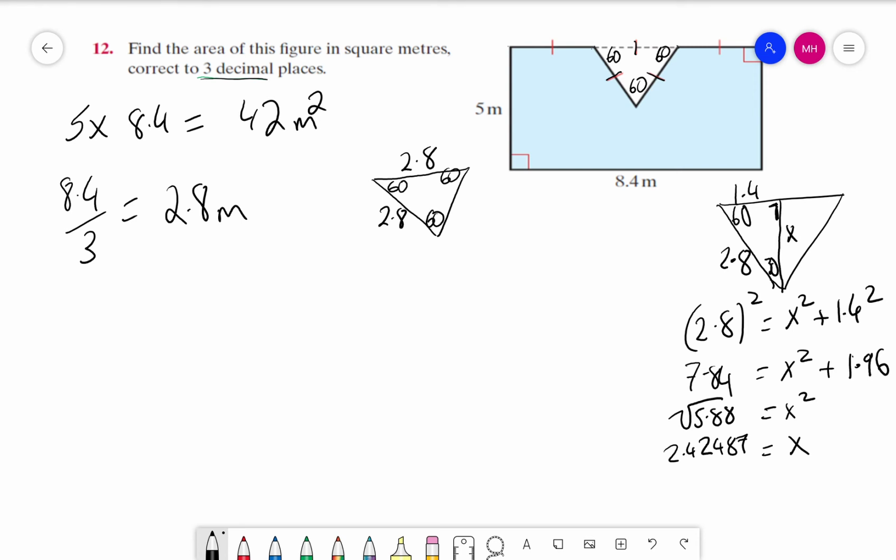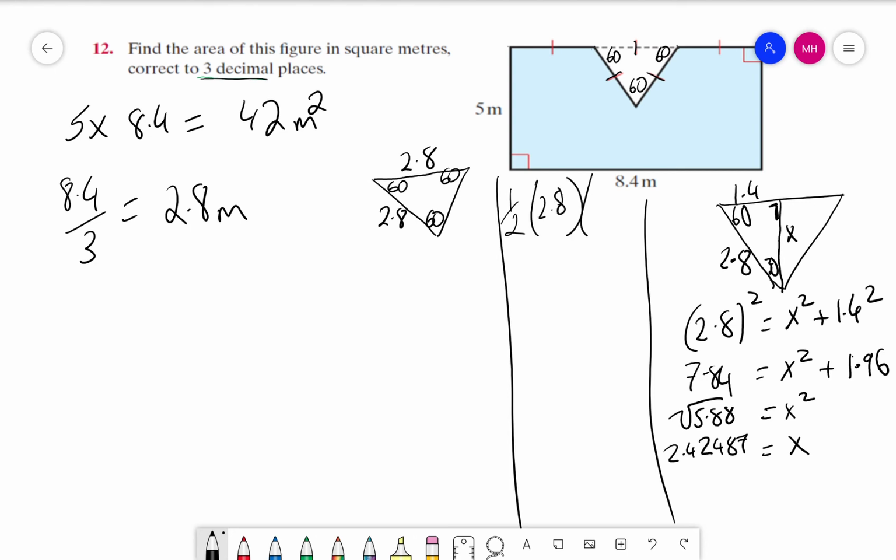Now let's work out the area of this triangle. So it's half your base, your base is 2.8, by the perpendicular height, which is 2.42487.